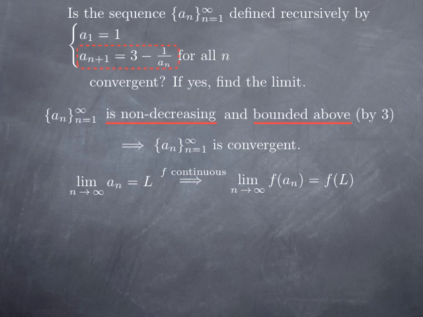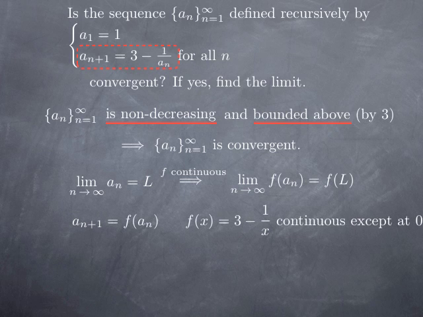This is something that we have pointed out before, and now we're in the case where a_(n+1) is f of a_n, where f is 3 minus 1 over x, which is a continuous function except at 0, but we have proved that the sequence which has first term 1 is non-decreasing, therefore we stay away from 0.